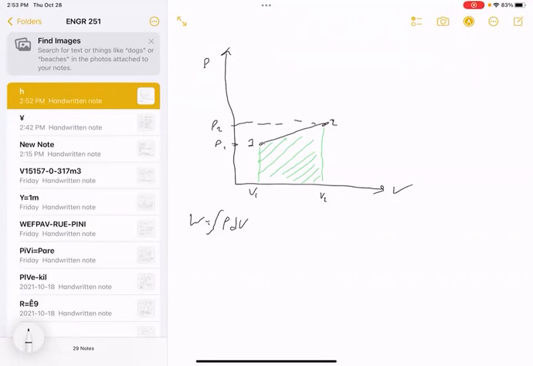So big base plus little base being this guy and this guy: P2 plus P1 times the height, which is V2 minus V1, divided by 2. That is the work done.